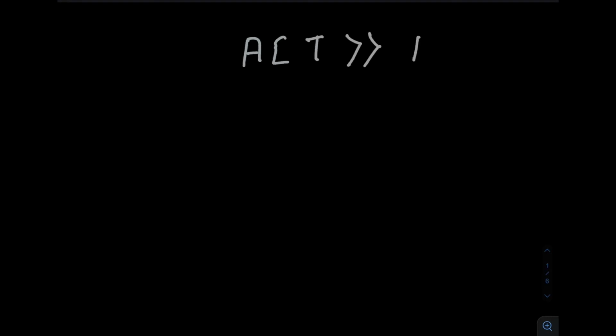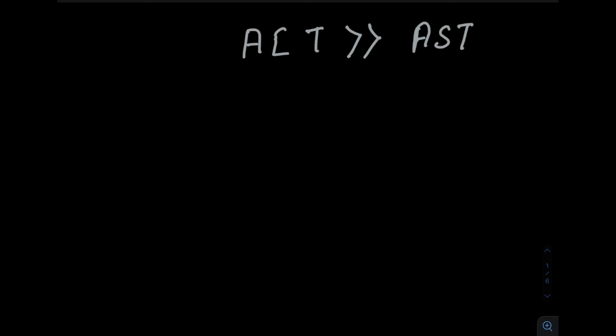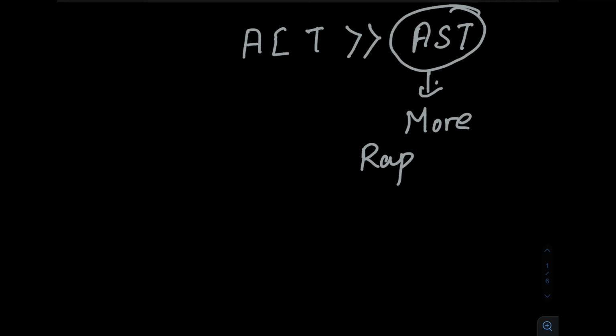The other thing that we all need to know about AST and ALT is that in normal liver, the level of ALT is always greater than AST. The reason behind it is that AST is more rapidly cleared by the reticuloendothelial system.